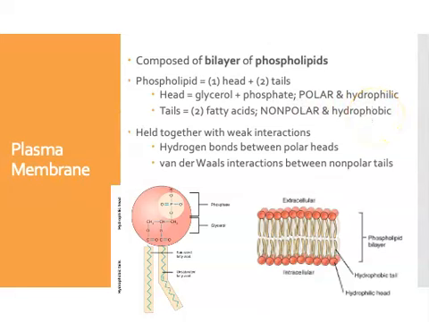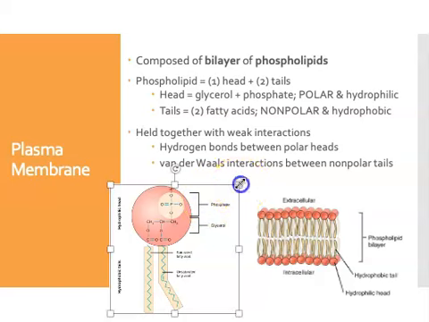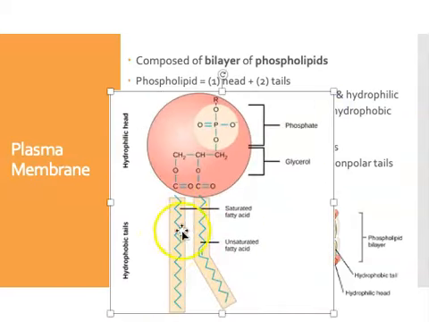One other thing to notice about these fatty acids: notice that one of them is quite straight and the other one has a very clear bend in it, or what we call a kink. The straight fatty acid is called saturated. It contains as much hydrogen as is chemically possible.